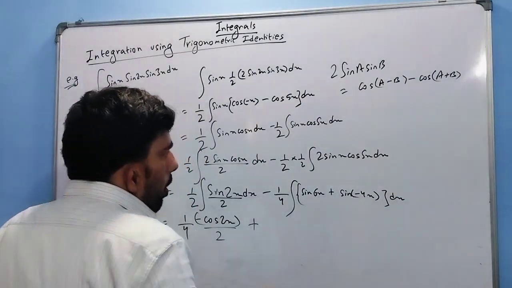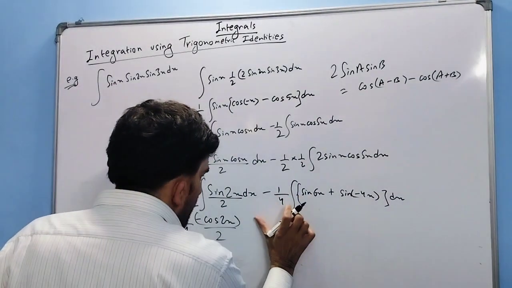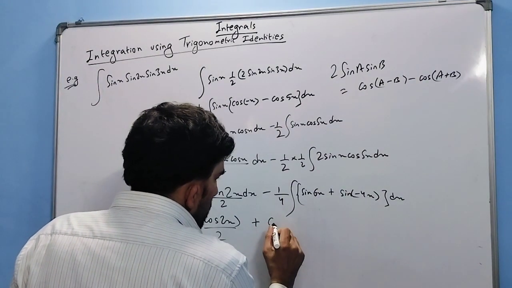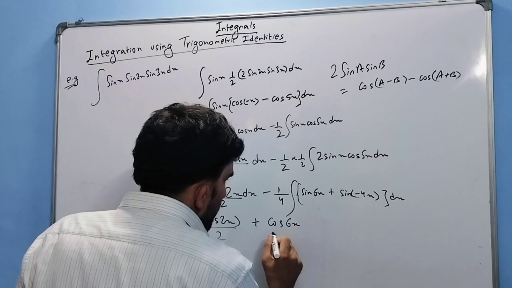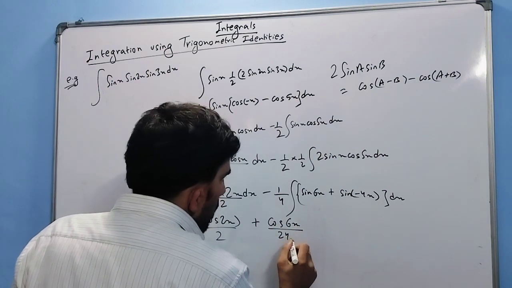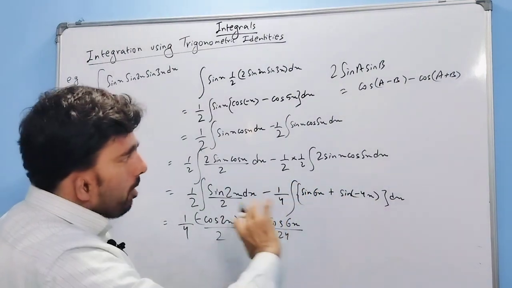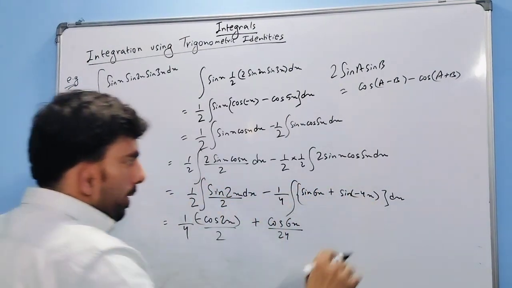Now I got this, and we can integrate this. So I will get plus cos 6x upon 24, because I got 6, so 6 into 4 is 24. I'm directly integrating it and multiplying 1 by 4 outside.